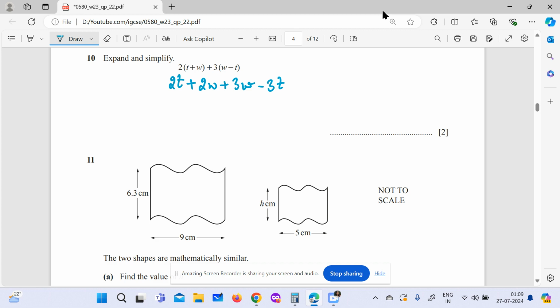So 2t minus 3t will give you negative t, and 2w plus 3w will give you plus 5w. So we can write this as 5w minus t. Next.